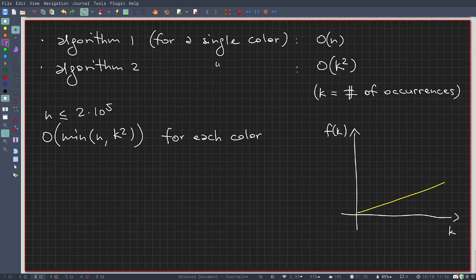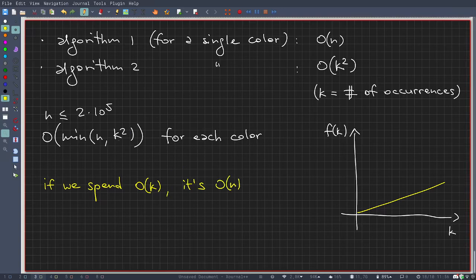If we spend O(k) on each color, it's O(n) in total, right? Because the sum of k is n. But here we have something kind of slower, right?